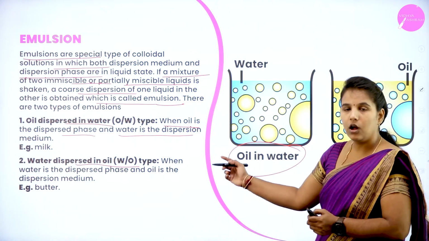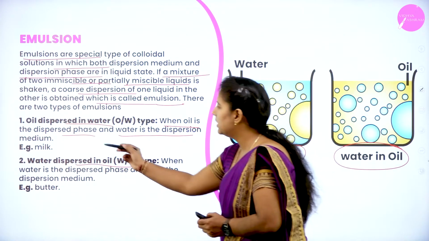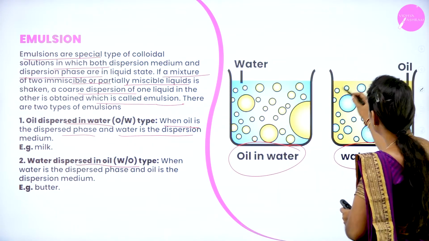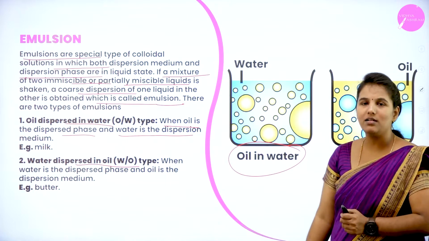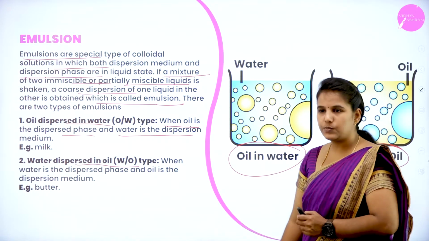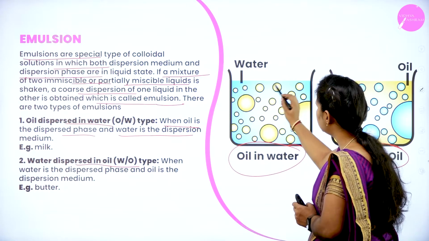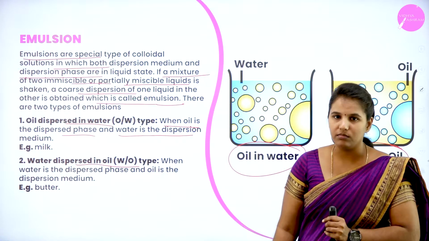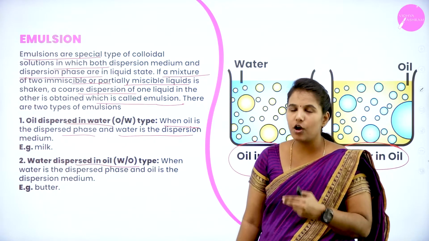In oil in water, oil itself acts as the dispersion phase, whereas the water acts as the dispersion medium. Whereas in water dispersed in oil, the water acts as the dispersion phase and oil is the dispersion medium. This is how we can understand the two types of emulsion.